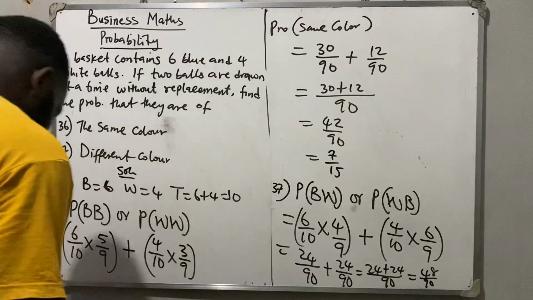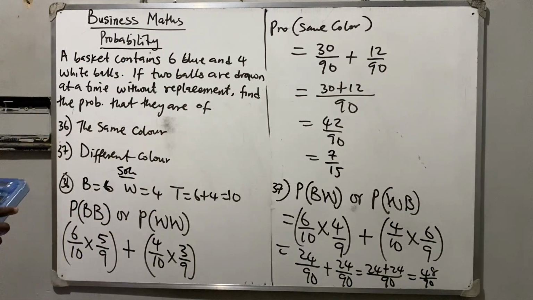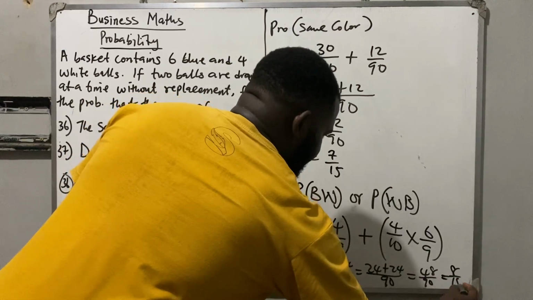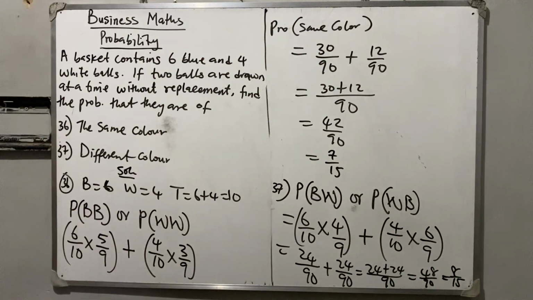If you reduce it to the lowest, 48 divided by 90 is 8 over 15. So 8 over 15 is the probability of picking different colors. I'm going to pause the video again to write the next question.